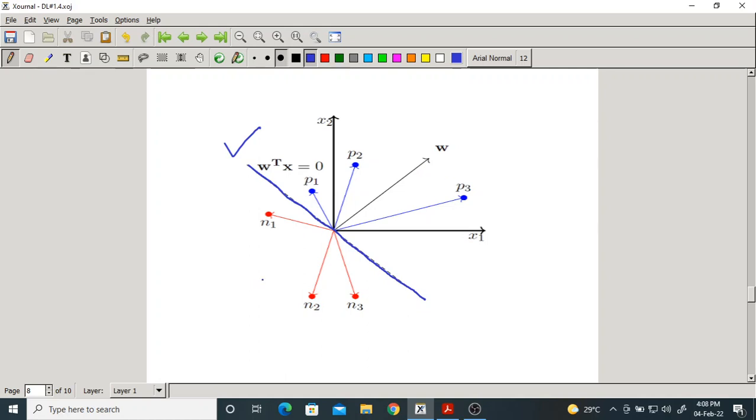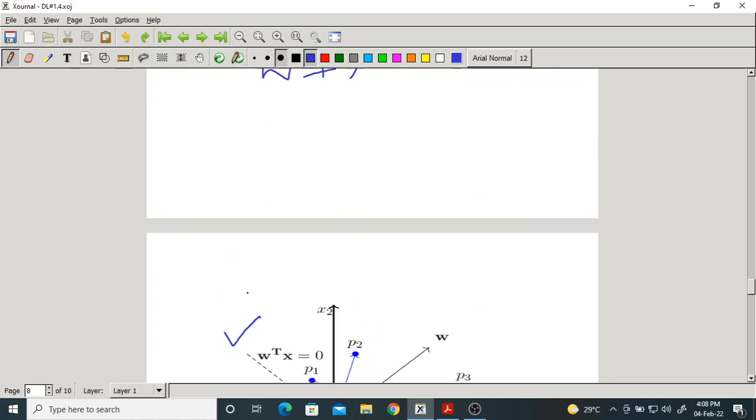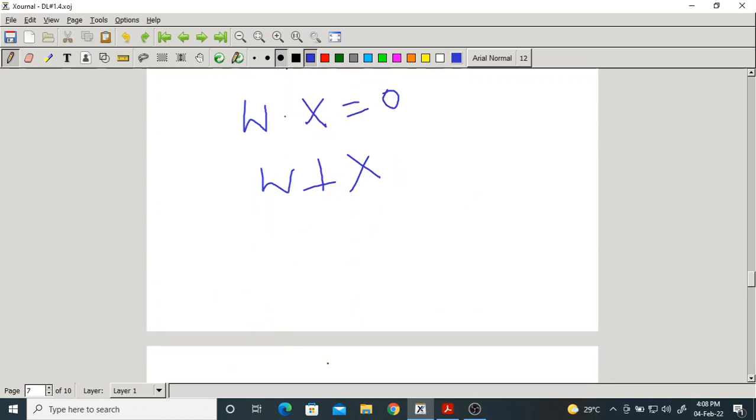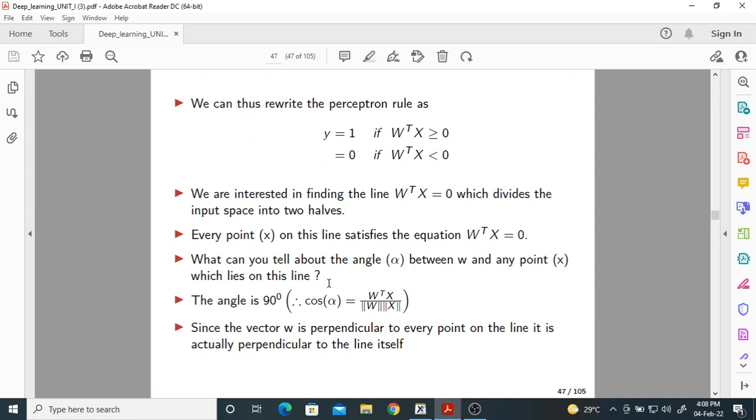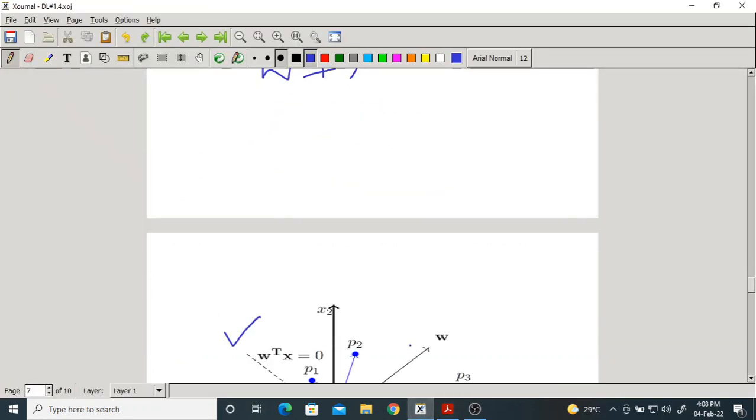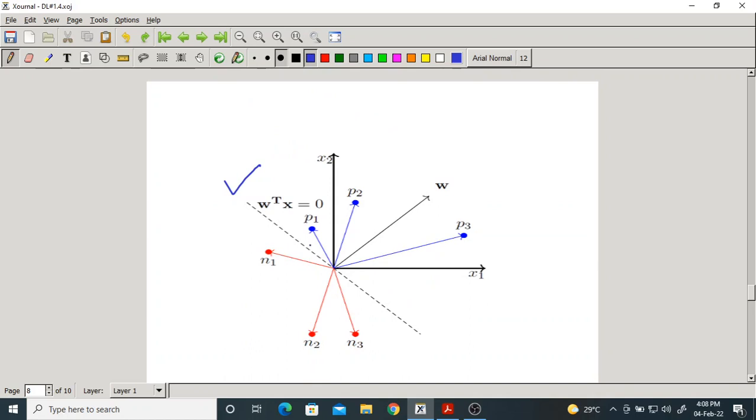Correct? Now what is the angle between them? It is 90 degrees, because they are perpendicular to each other.